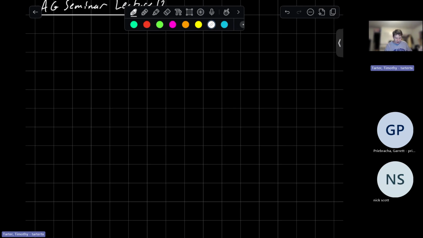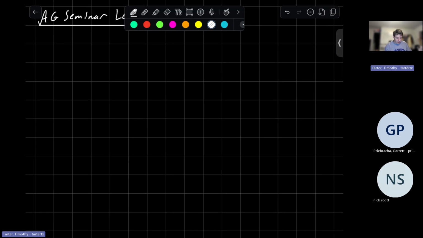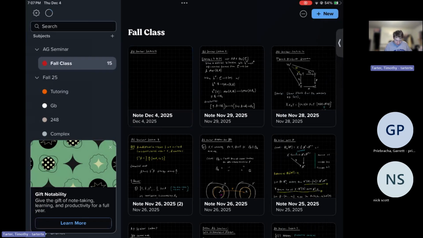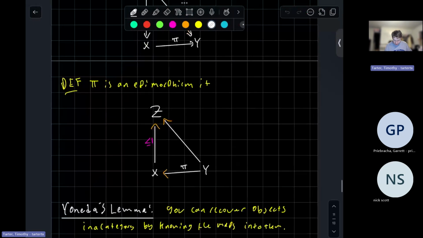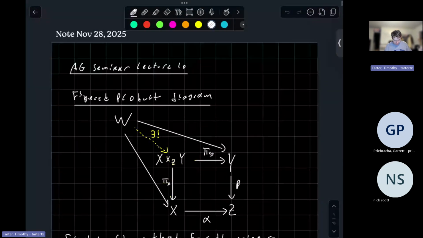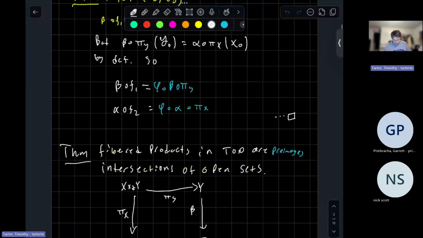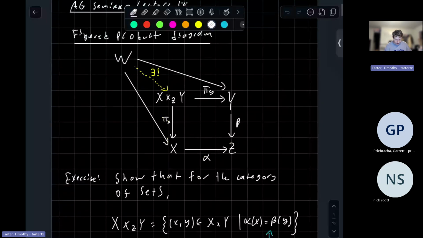Over winter break, so just going through last time, remembering some stuff. We talked a while ago now about fibered products. We said that fibered products are really the thing in this diagram. The definition of a fibered product is that it's all of the stuff in the pre-image of alpha and beta through Z that agree in Z, and it's in the product space.